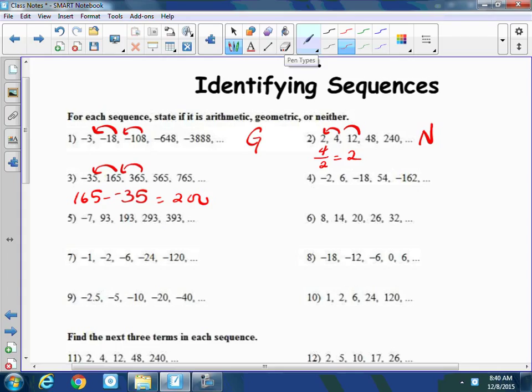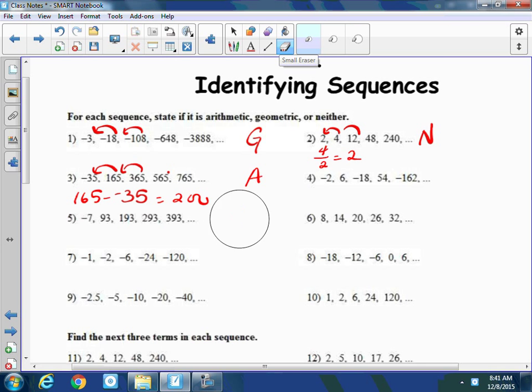What about 365 minus 165? I think it's 200 as well. So I'm going to stop. I think my common difference is 200, right? So I'm going to take 365 and add 200. I believe that's 565. And 565 plus 200 is 765. So this is what?